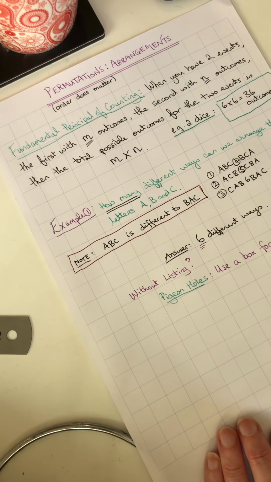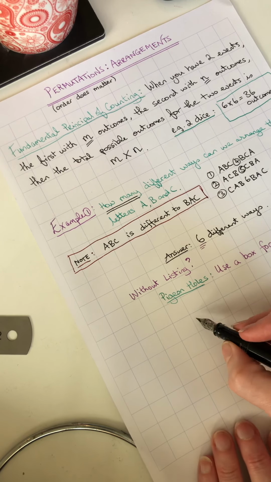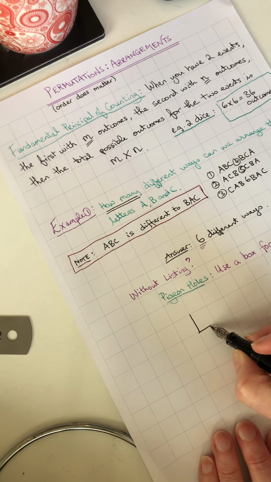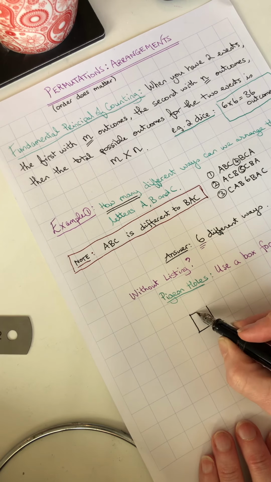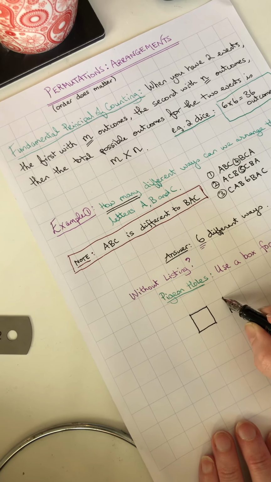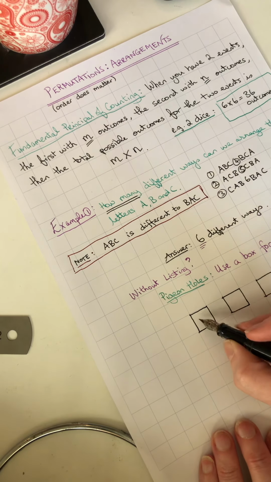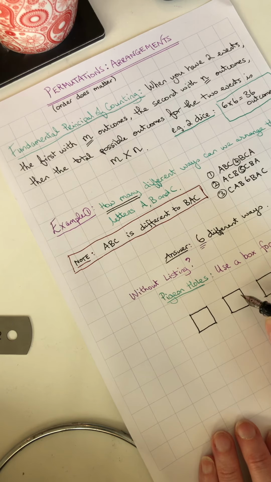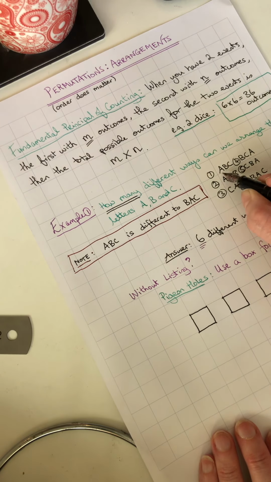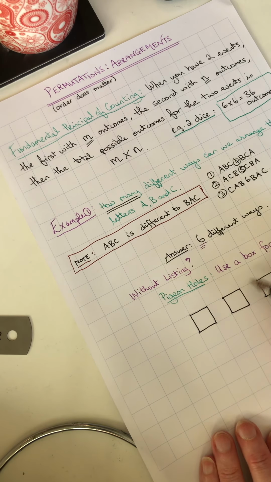So let's look at what that's going to look like. We know we've got the letters A, B, and C. We know we've got 3 of them, which means we're going to have 3 pigeonholes, 3 boxes. So for example, I could put A in here, and B in here, and C in here. That gives me the first permutation. Or I could put B in here, C in here, A in here. That gives me the 4th permutation.